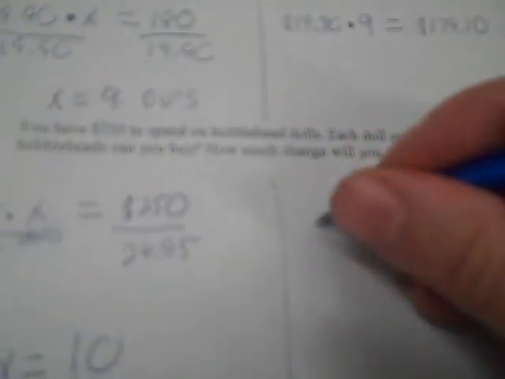Okay, now to find the money amount, we take our $24.95 again. Times, but I'm not going to times by X anymore because I know X is 10. So I'm going to times by 10, and that equals another amount.